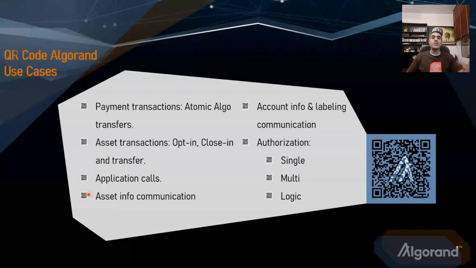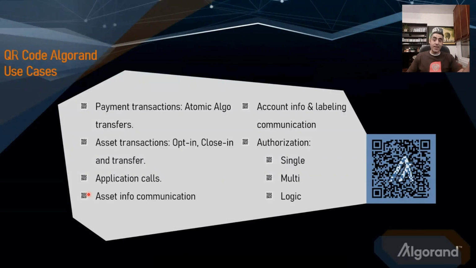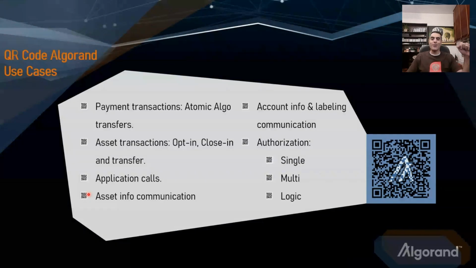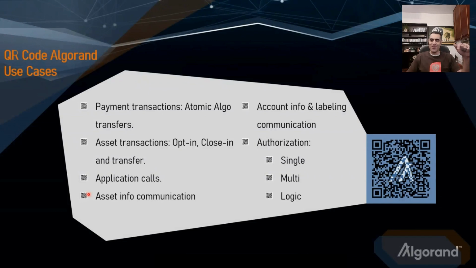For other usages, you can use QR codes, as I did at the beginning of my presentation, for account information or contact labeling, whatever you call it. You can communicate your contact information using QR codes, as I did. And the one you can see on this screen contains my Algorand wallet information. I don't give up, do I?